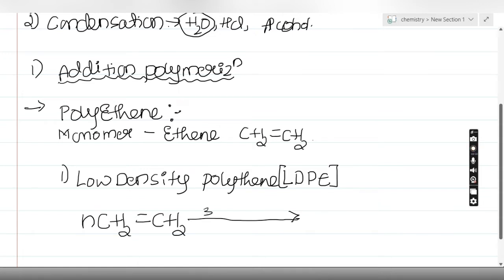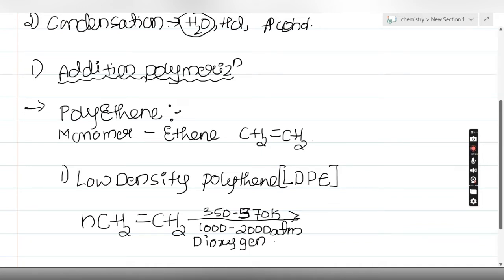We use a temperature of 350 to 570 Kelvin, and a pressure of 1000 to 2000 atm, in the presence of dioxygen or a peroxide initiator catalyst.